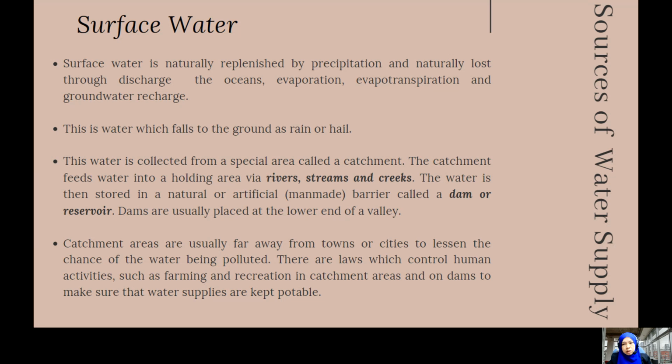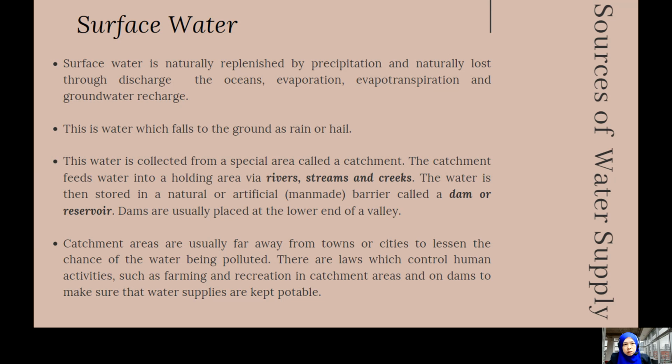Now we take a look at the sources of water supply, first surface water. Surface water is naturally replenished by precipitation and naturally lost through discharge to the ocean, evaporation, and from groundwater recharge.